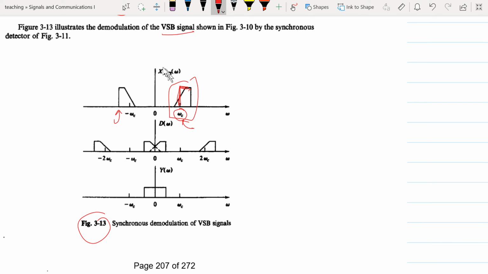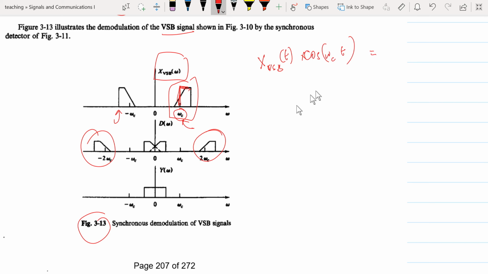Therefore, if we have now received this vestigial sideband modulated message signal, the first thing we will do is to translate this frequency, using the idea I mentioned earlier, that you have the x VSB signal, and you multiply it with the carrier cos omega c t, and when you do that, you end up with two terms.